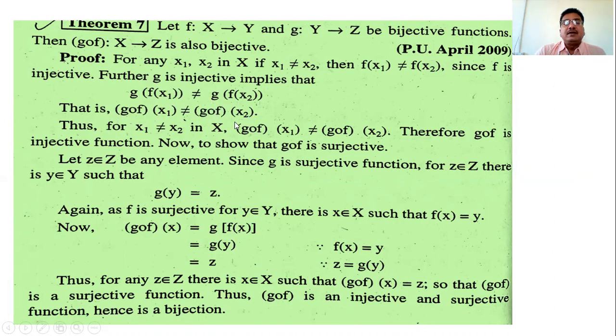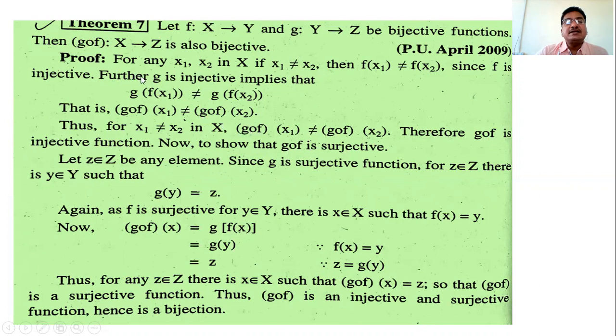These two are not equal, and therefore what do we have? If x1 and x2 are not equal in X, then g circle f of x1 and g circle f of x2 in Z are not equal. If the elements are different, images under g circle f are not equal, and therefore g circle f is an injective function.